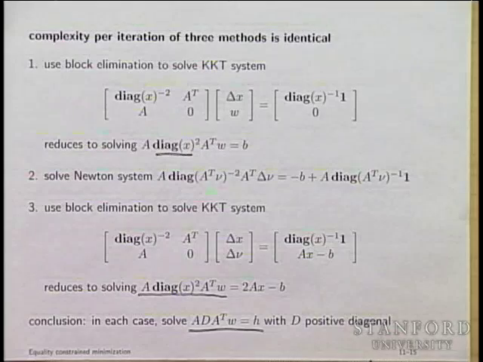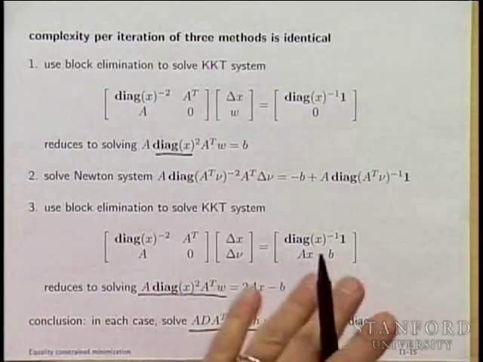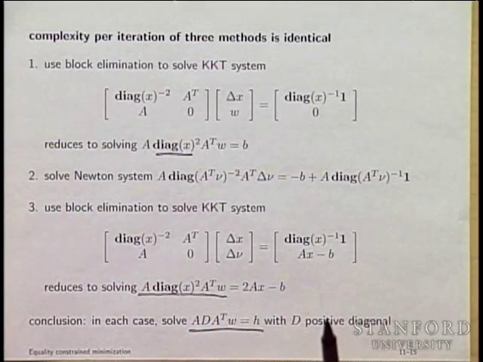So if A is sparse, then it basically says the computational complexity of the three methods is absolutely identical per Newton step. If you add to that the fact that the Newton method is going to take somewhere between 5 and 20 steps or something like that, and you call that just a constant, then it means that all the methods are just the same. In particular, it means there's no dramatic improvement you're going to make here, just none.